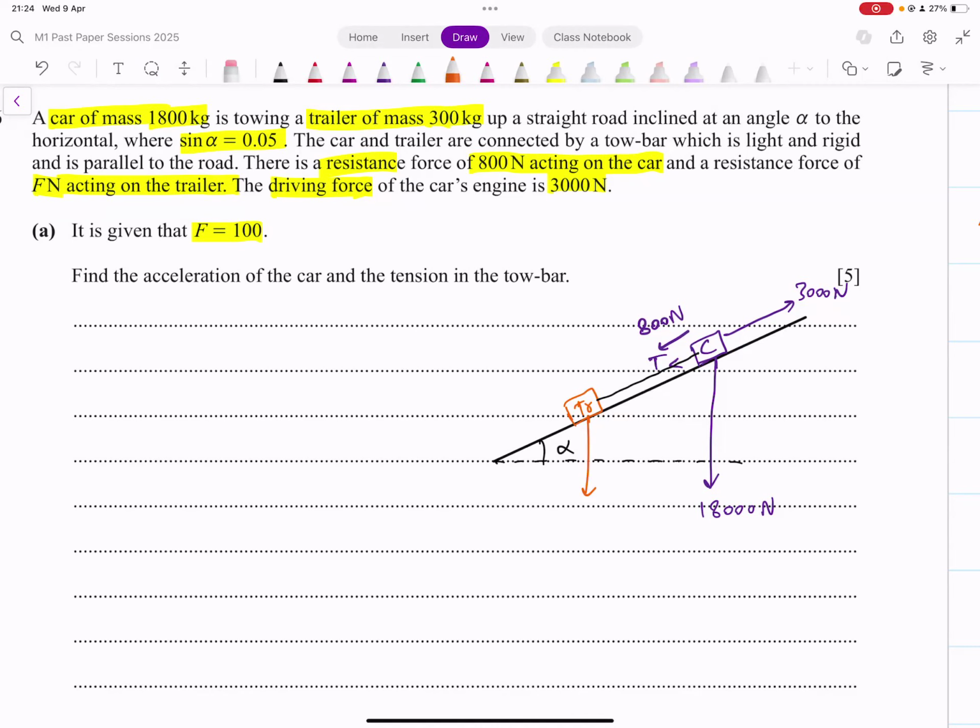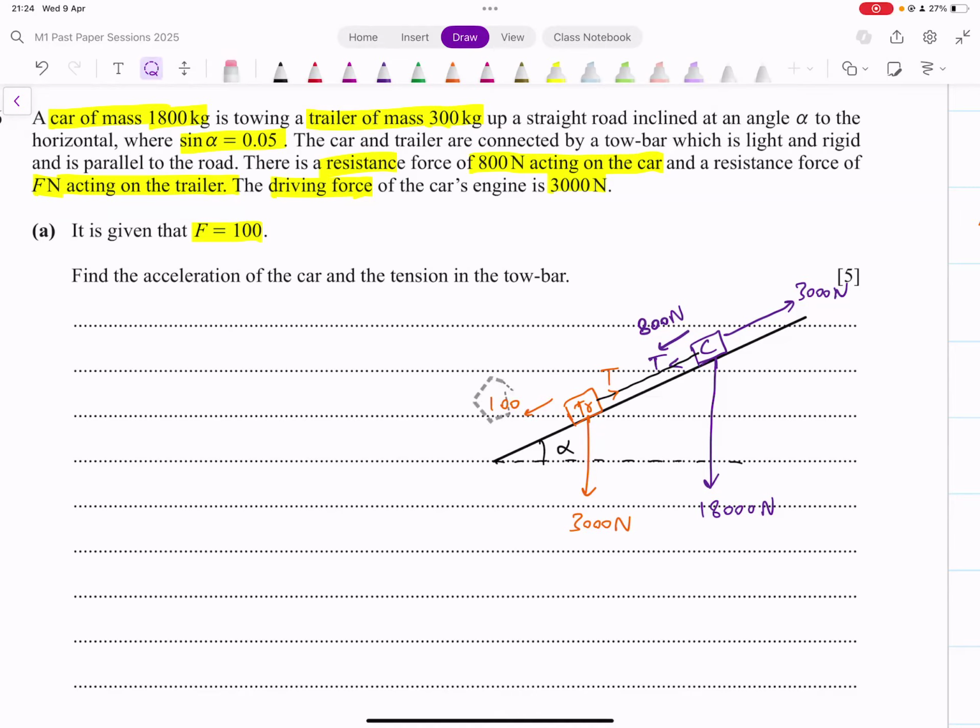It acts vertically downwards, which is 3,000 Newton, because the mass is 300. Tension away from the trailer, that acts in this direction. Friction, resistance, we know the value of that in the first part is given to be 100 Newton. This is 100. And that's it. We have normal reaction, but we don't need to represent that. These are the forces that are acting on the trailer.